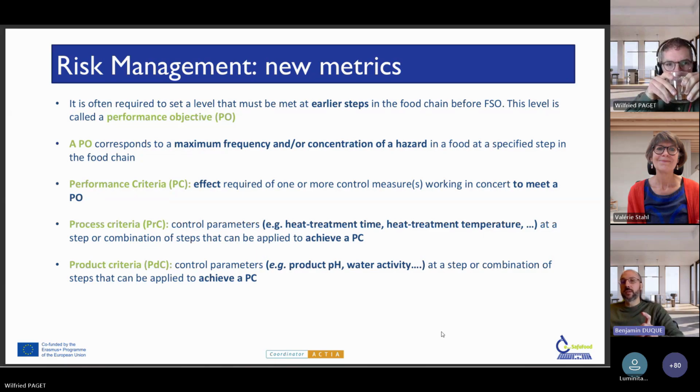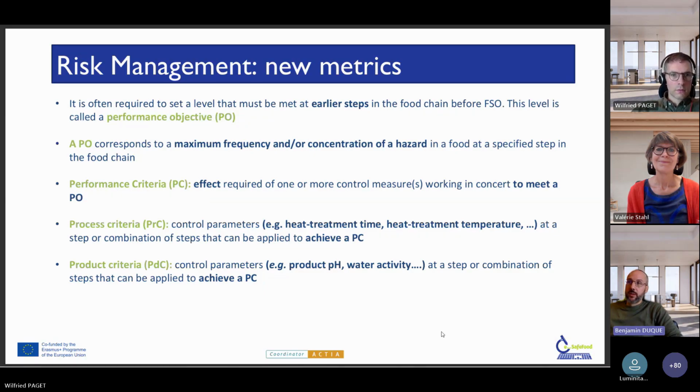So this is the difference between the PO and the FSO. For example, from my previous heat treatment of salmonella, my maximal concentration of salmonella after this step should not exceed, for example, 1 CFU per 100 grams.